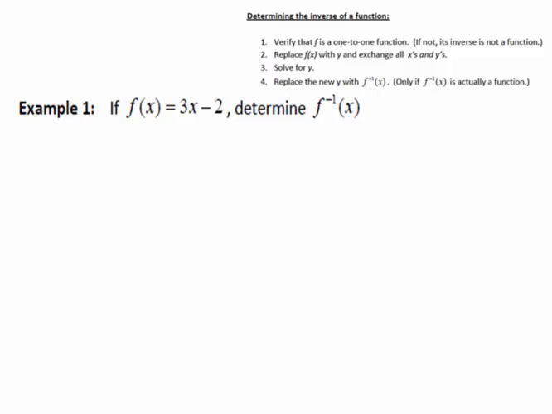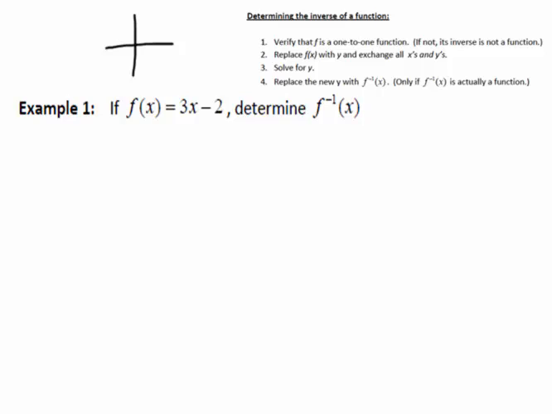Here is our function, and we're going to determine the inverse of the function, the f to the negative 1 of this function. So if we go through the step-by-step process, first we want to determine, is this f of x a one-to-one function? And there's a couple ways we can do that. What we could probably do, likely the easiest, is think of the sketch of this function.